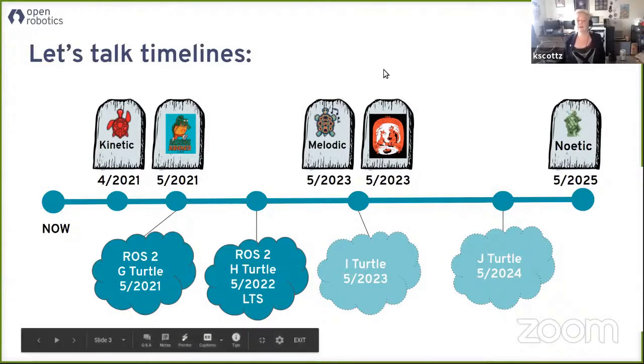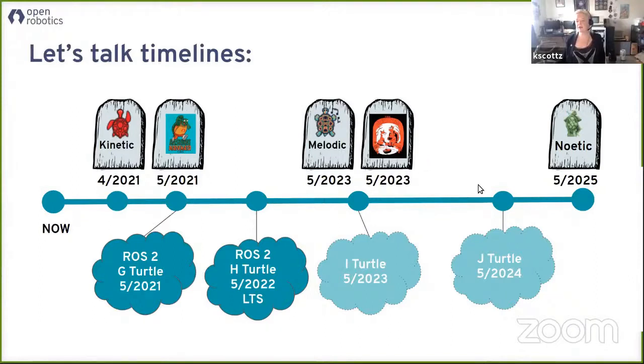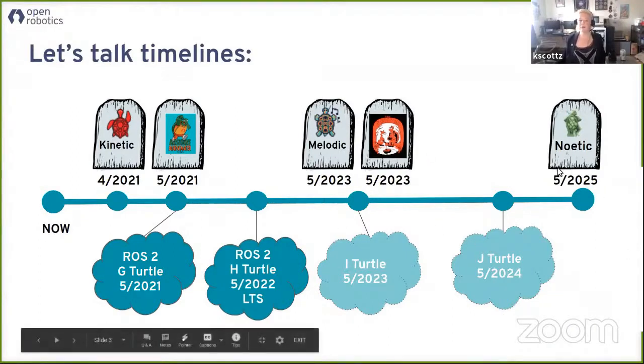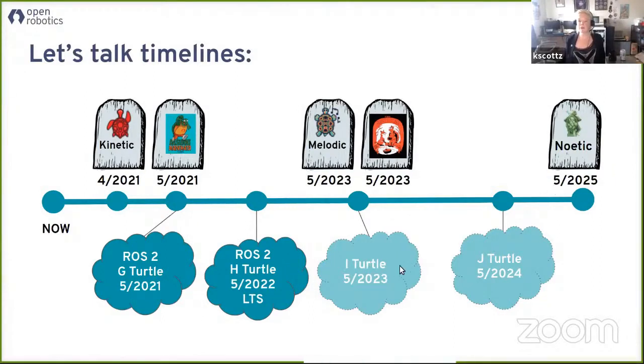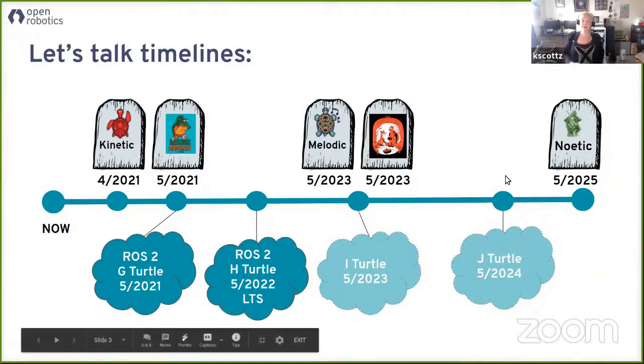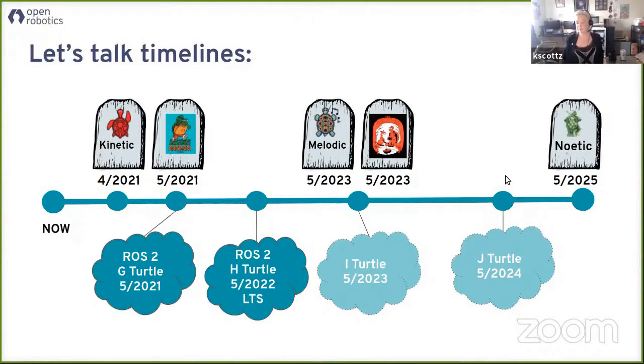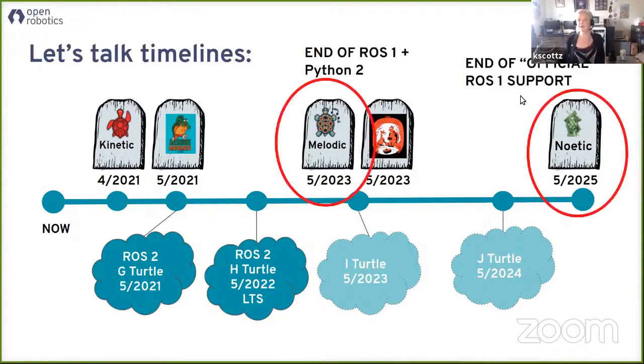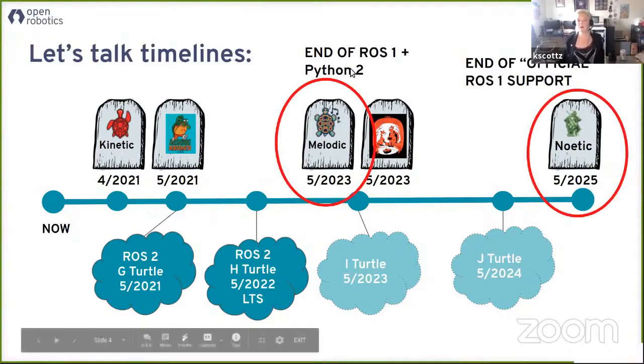And then a year later, we're looking at both Melodic and Foxy going end of life. And there'll be subsequent releases. And over here on the right, there will be, in 2025, that's when Noetic goes end of life. And so what does this mean for users overall?